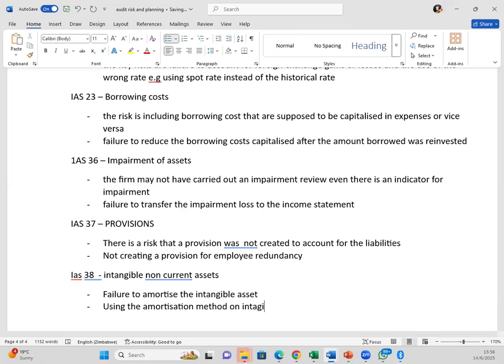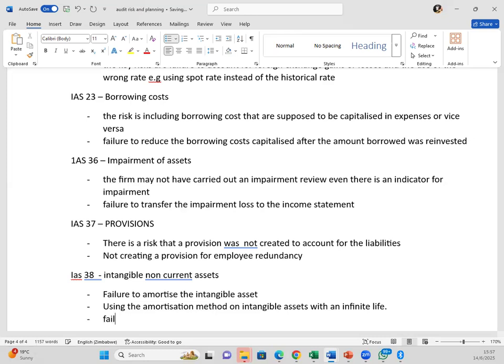So using the amortization method on intangible assets with an indefinite life.